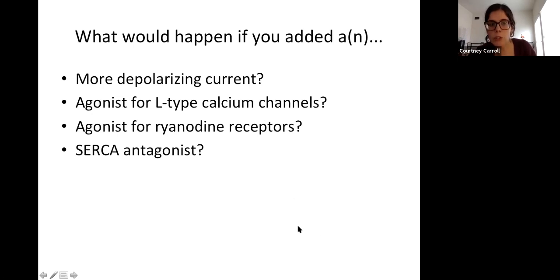What I would like for you to do is draw me, you're not going to turn this in, but I would like for you to draw me an action potential in a cardiac myocyte normally, and then what would happen to that action potential if you added more depolarizing current, if you added an agonist for the L-type calcium channels, an agonist for the ryanodine receptors, a SERCA antagonist, if we're affecting that process.